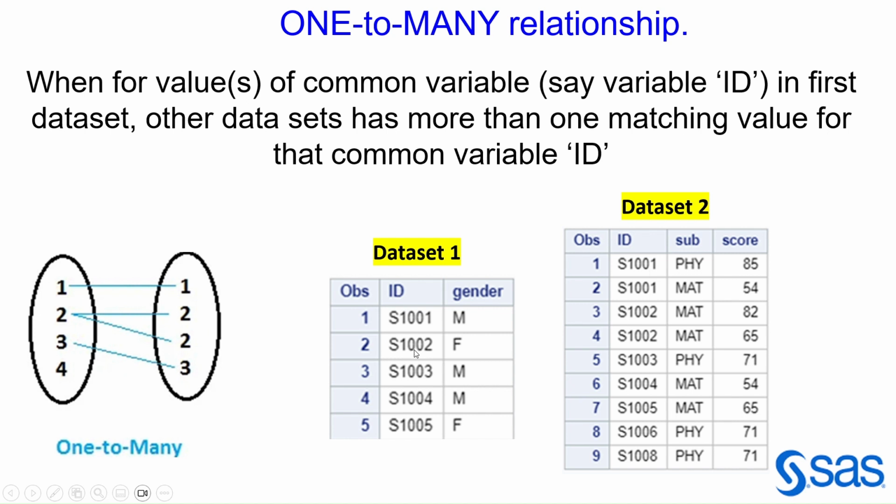Likewise, whatever value of this common variable is present in data set 1, there is a possibility that one or more than one value can be present in data set 2. So this is the real situation. You can see the schematic of a one-to-many relationship. This is a situation we call a one-to-many relationship or one-to-many join of the data sets.